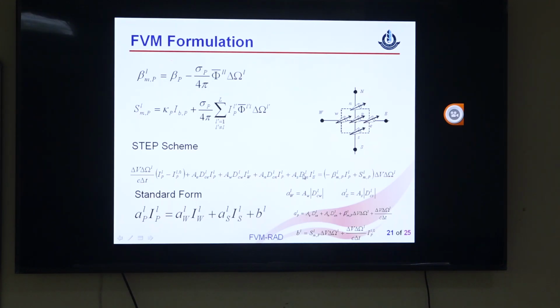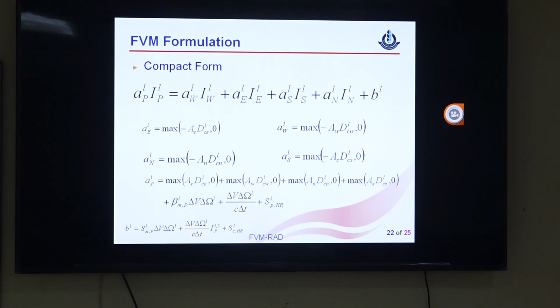So that's why so many simplifications have been done. And finally in standard form it is like this, where other terms have been defined. And then we do have a compact form of the RTE also, which can be solved very easily, irrespective of different directions.